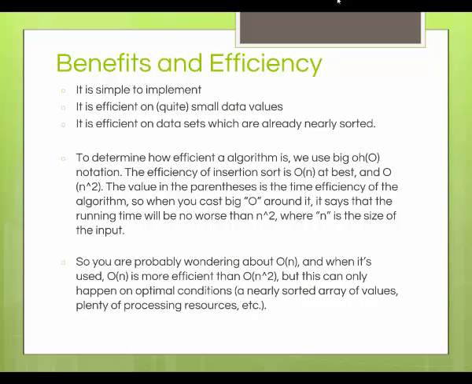Insertion sort has an efficiency of big O of n squared on average sorting. But at best it can be big O of n. And basically that means that's the best it can be. But that's only in optimal conditions, like if it's already sorted and you have a lot of free memory and processing power, but even still, that's if you're lucky.